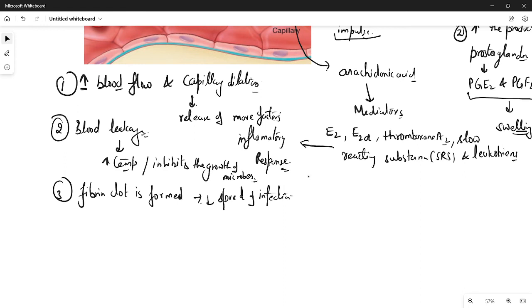Another event which occurs is that phagocytes collect in the inflamed area and phagocytose the pathogen.